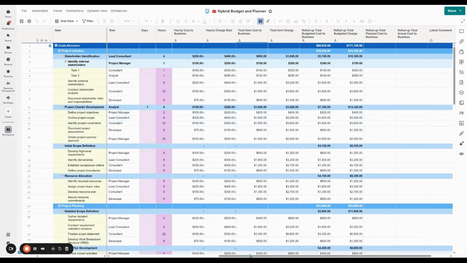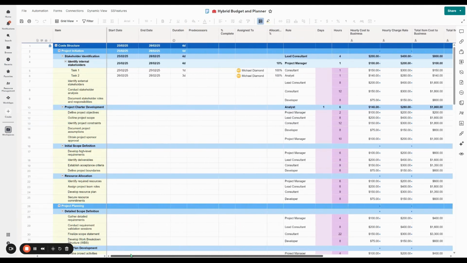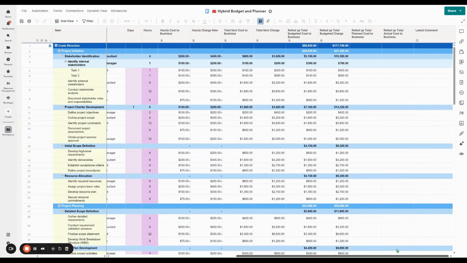What we can then do is look at the amount of time that has been allocated for a particular person and then use the cost card to start to work out, okay, so for the amount of time that's been allocated, so this person's 100% allocated for a day, what is that actually going to cost the business?